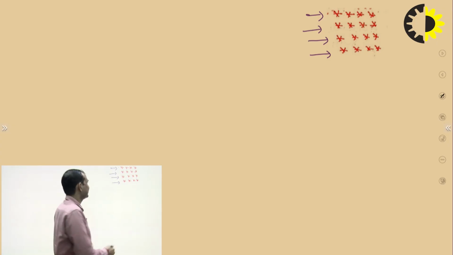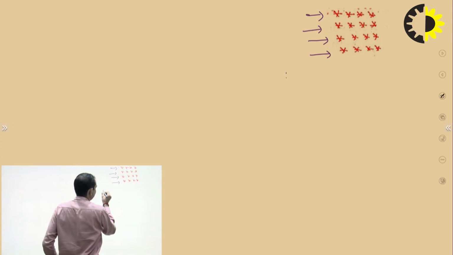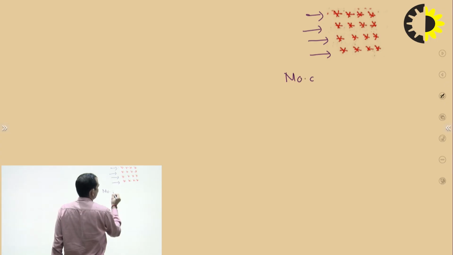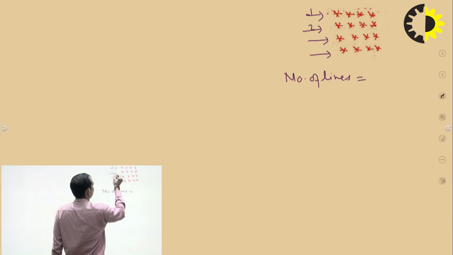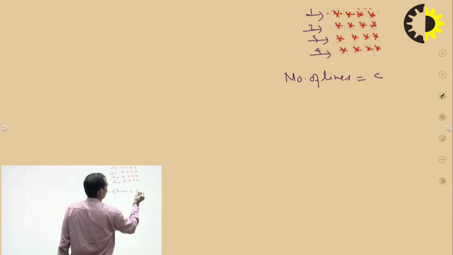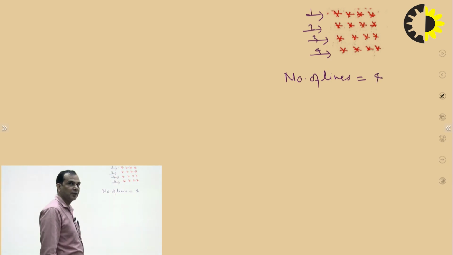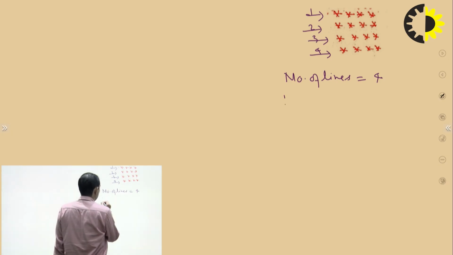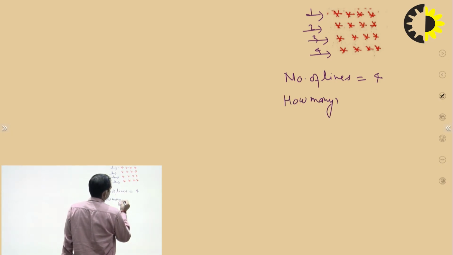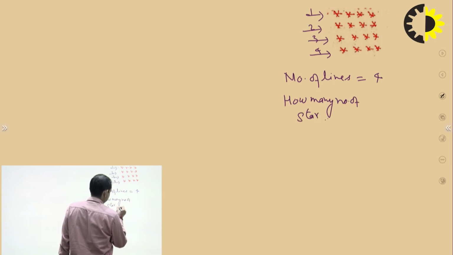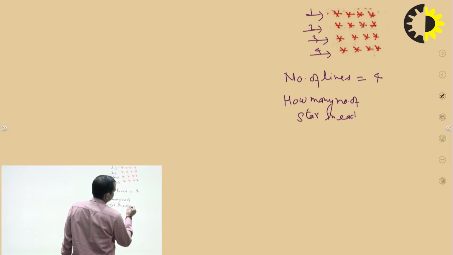Firstly, how many lines do I require? If we say the total number of lines is 4, second, how many stars in each line?